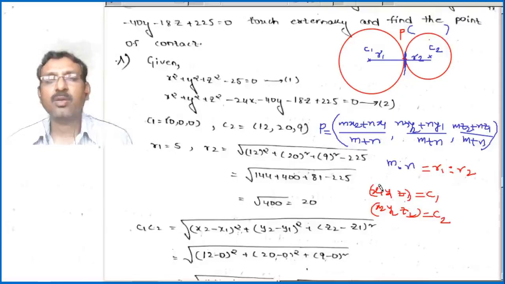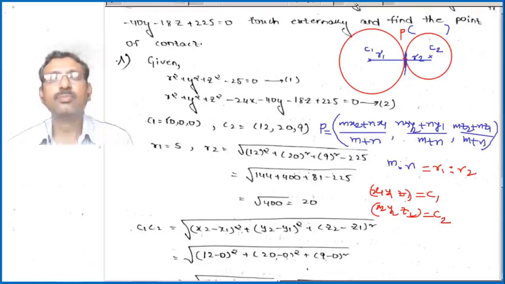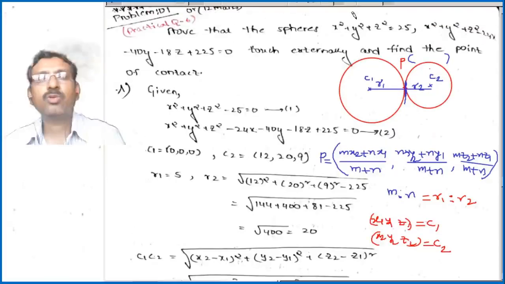Here we need two centers and also the radii of the two spheres. Now we are going to the problem.